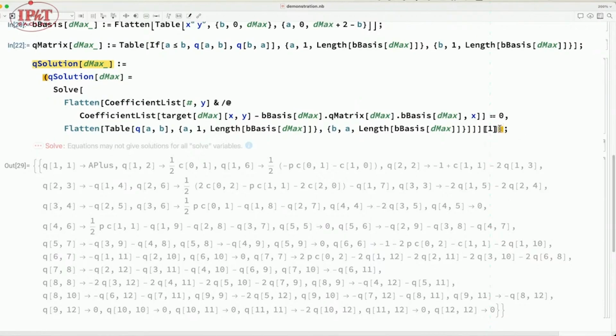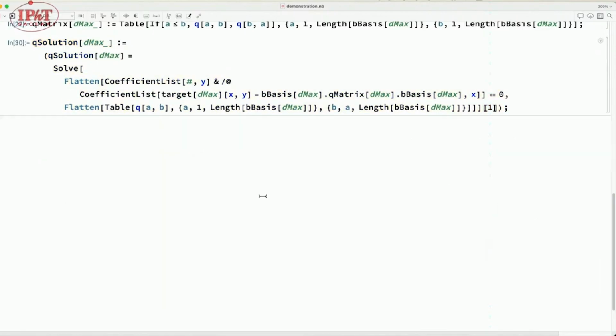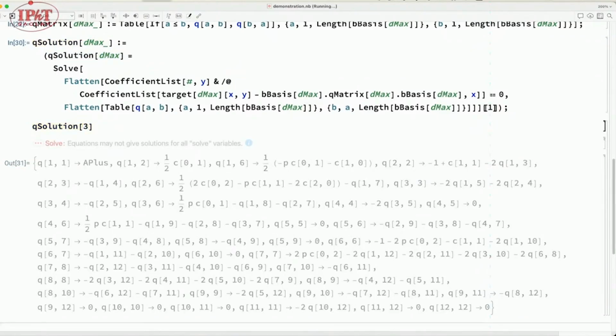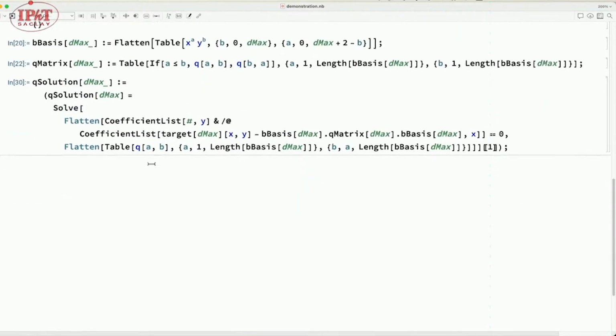The reason I'm putting this one, so this is like the first solution. Whenever you're solving a system of equations, Mathematica is going to spit out a list, which is the set of all possible solutions. In this case, there is only one solution, so it's like a list with one entry, but I'm just taking this one to take care of this. Let's just see that this works. It solves it for 20 degrees. Okay, very good.